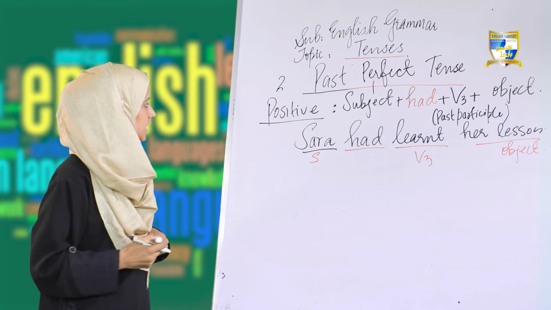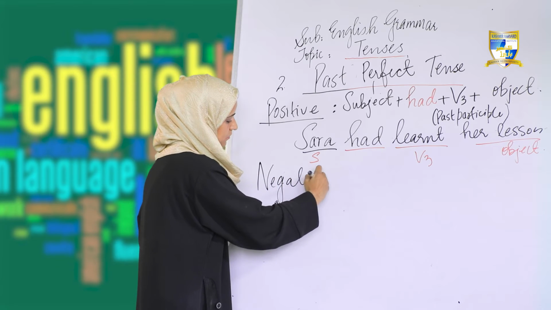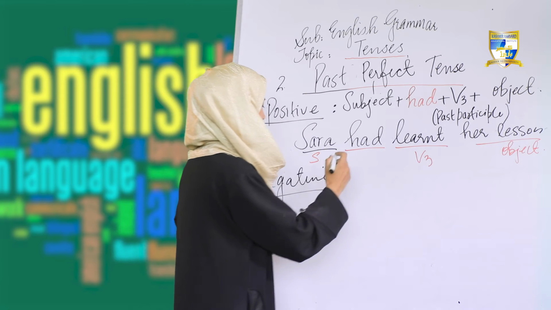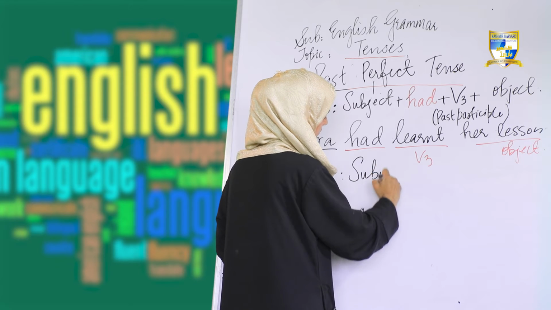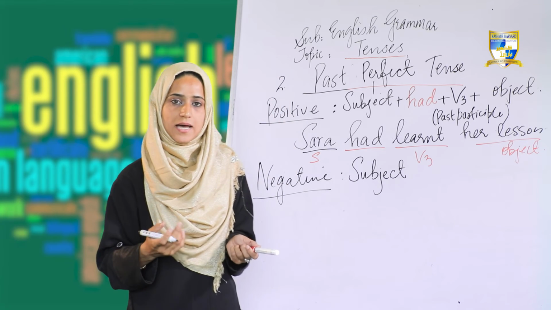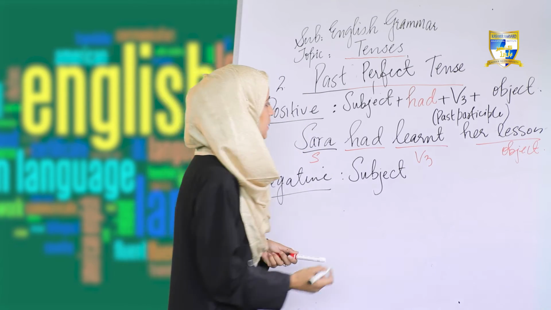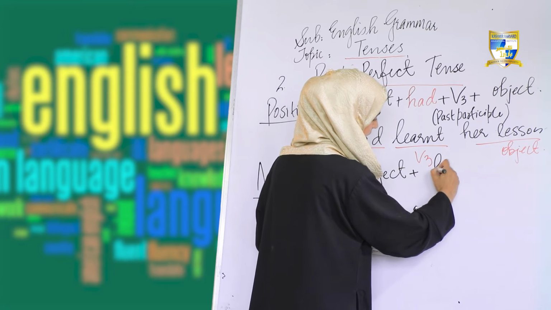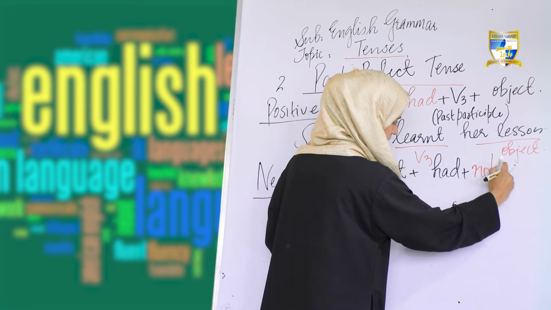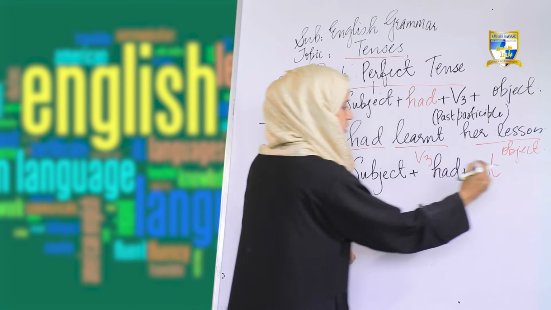So it goes like this. Let's take an example of a negative sentence with past perfect tense. The same subject, same pattern, same structure. Just, as I have mentioned earlier, use the mark of negation, not. It's simple: subject plus had plus not plus verb 3, then your object.